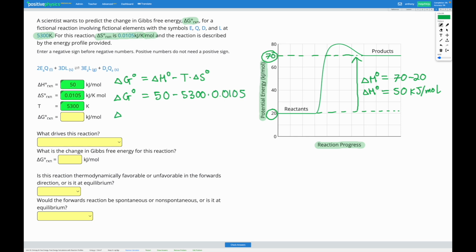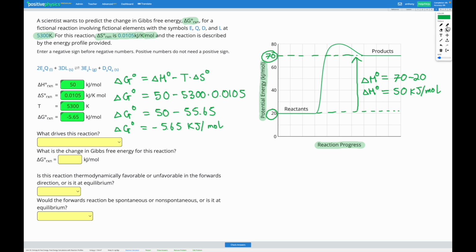So if we put this into our calculator, we're going to have 50 minus 5,300 times 0.0105, which gets us minus 55.65. So when we put that all into our calculator, we get a delta G naught of negative 5.65 kilojoules per mole. So we can go ahead and fill that in, negative 5.65 kilojoules per mole.